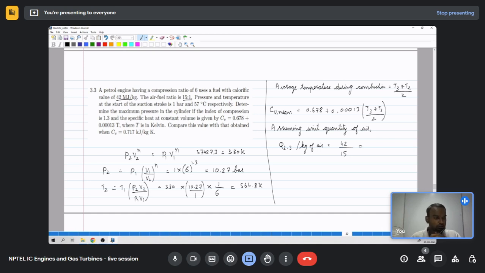So what is the value of the heat added? Yeah, 2.8 megajoules.